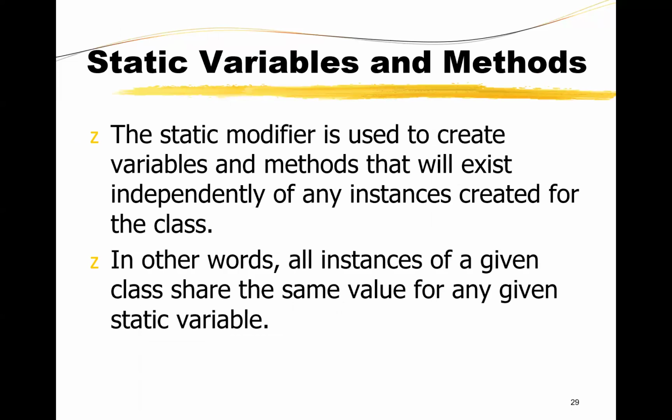Static variables and methods, we have discussed this already. Static is used to create variables and methods which exist independently of the instances of the class. Therefore, if it is a static method, you can access it by ClassName.staticMethodName. Because static attributes belong to the class, not to the objects, there will be only one copy of static variables.